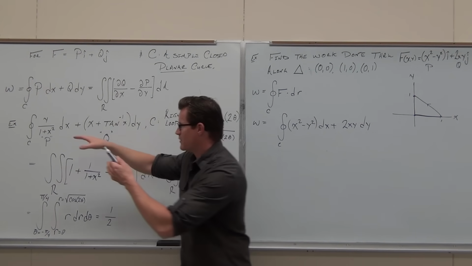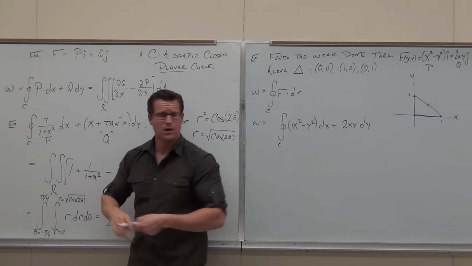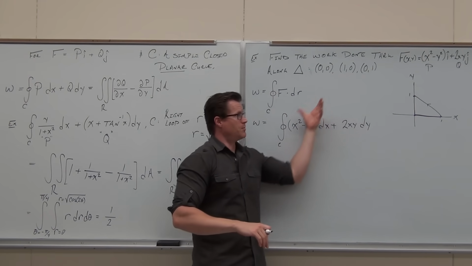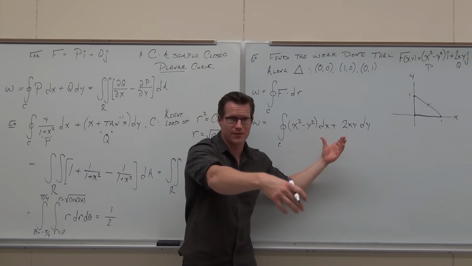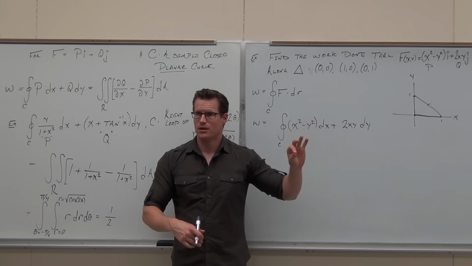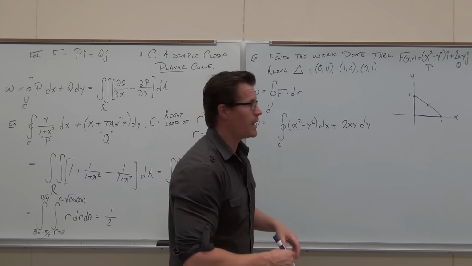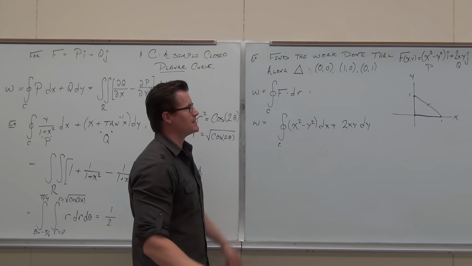When we got the vector field from this thing, we should be able to get this thing from the vector field. So if you have P and Q, you can literally go back and forth between a vector field and the work done through that vector field along that planar curve. Head down if you're okay with that one. Now if you want to see the math behind it, here's the math behind it. The math behind it says, well, what is F dot dr?